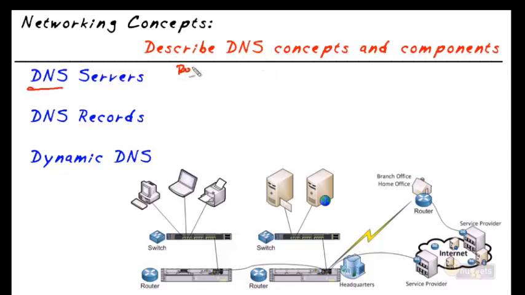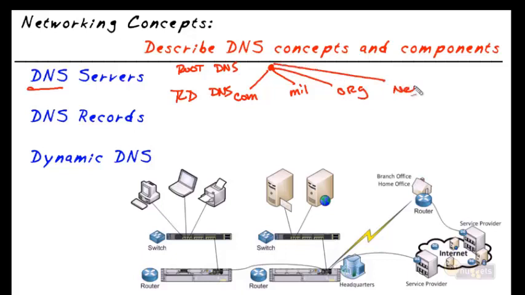We have the root DNS servers, and what they know about. They're at the highest top of the peak of the top of the hill. All they really know about is the top level domain DNS servers, the TLD, and they have one for com and one for mil and one for org and one for net and so forth.